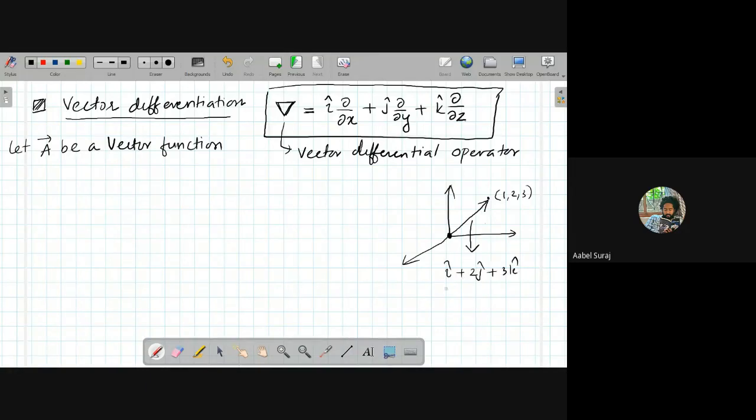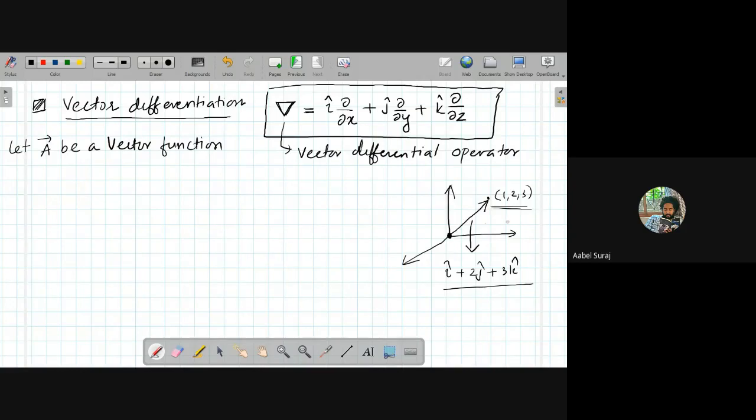That's it. What it means is that it will have 1 unit length along the x-axis, 2 unit length along the y-axis, and 3 unit length along the z-axis. You will reach the point here. This is the very brief, very basic idea of what a vector points to.